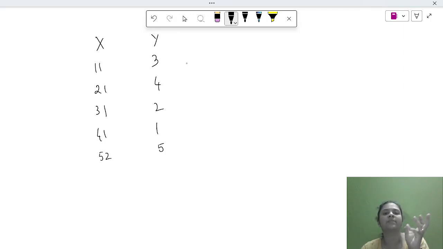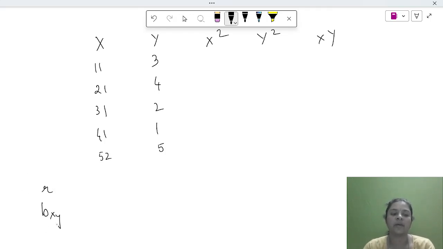You can use x minus x bar, y minus y bar, that can be done, or x, y, x square, y square and xy, you can do it with that too. If data is given like this, you can use this formula with x square, y square, xy. So now I want you to find out R, Karl-Pearson's correlation, bxy and byx. Okay?